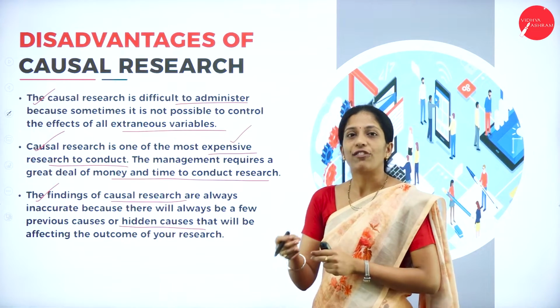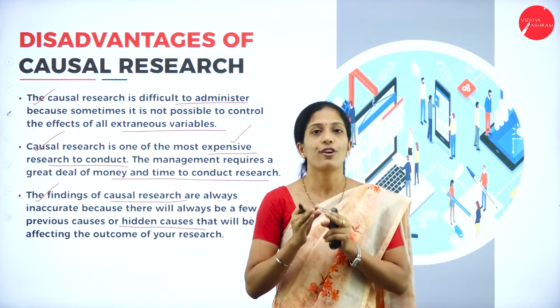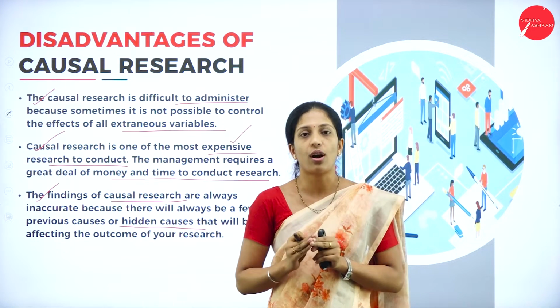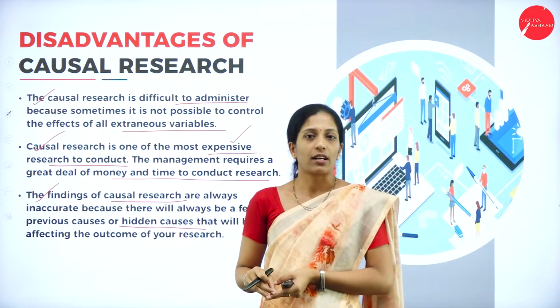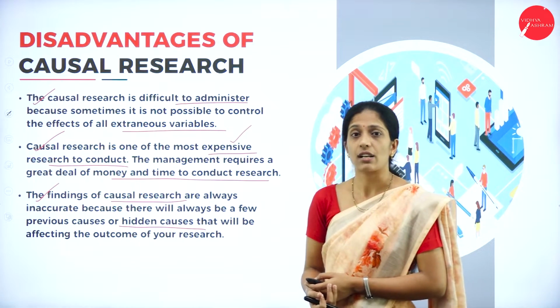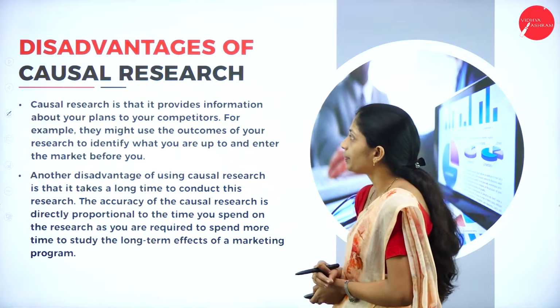So whatever findings come from experimental research will not be accurate. Suppose the previous research activity goes wrong, then the current research activity will also become wrong. This is also one of the disadvantages because we cannot get accurate results.